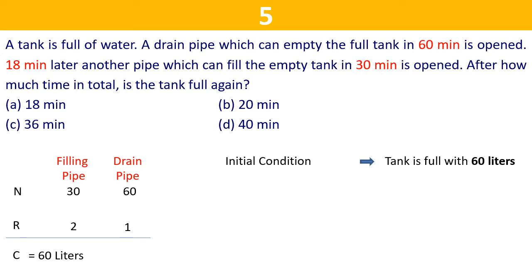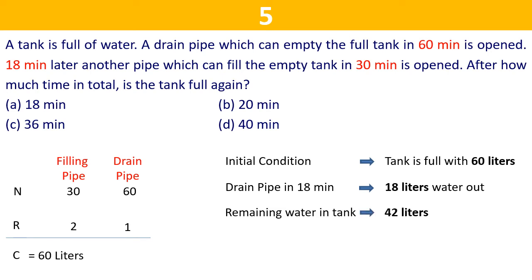Now the drain pipe is opened for the first 18 minutes. How much water will it leak out in those 18 minutes? Obviously 18 liters. How much water is remaining in the tank now? 42 liters, because out of 60 liters, 18 liters are gone.